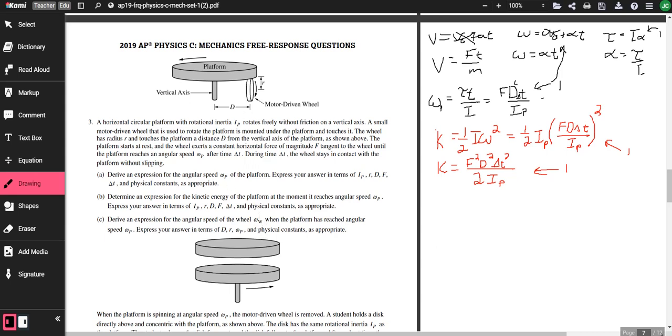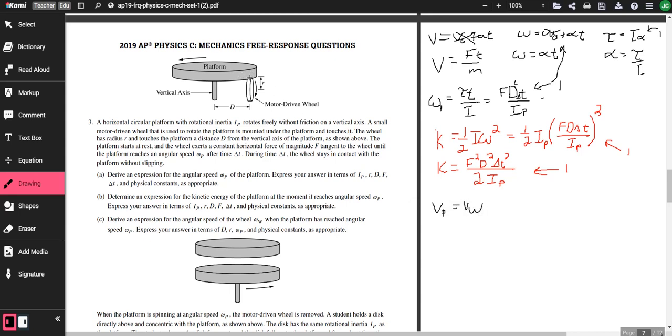So they want to know what the speed of this object is. Because this is rotating without slipping, we know that the speed of these two are going to be equal. So the linear speed of the platform is going to be equal to the linear speed of the wheel.